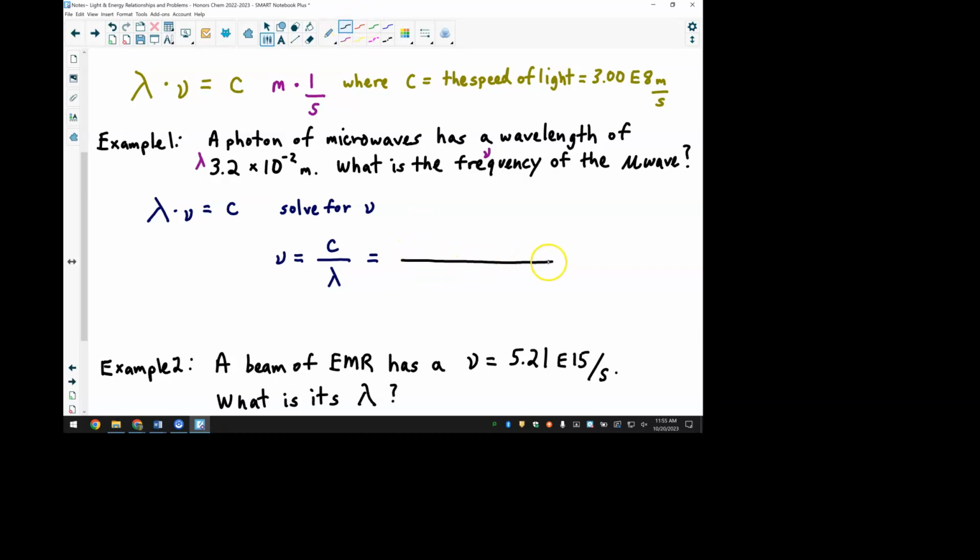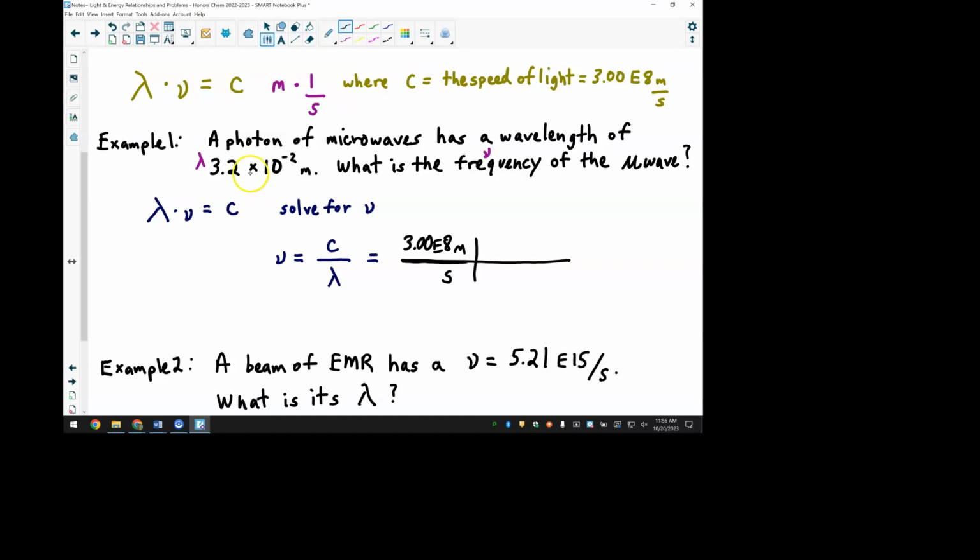I have a photon with this wavelength. I solve it, and I need to take the speed of light and divide it by the wavelength. So the speed of light, we're going to use 3.00 times 10 to the 8th meters per second. And remember, whenever you say per, you're crossing the line. You remember that horizontal line is like the separation between numerator and denominator.